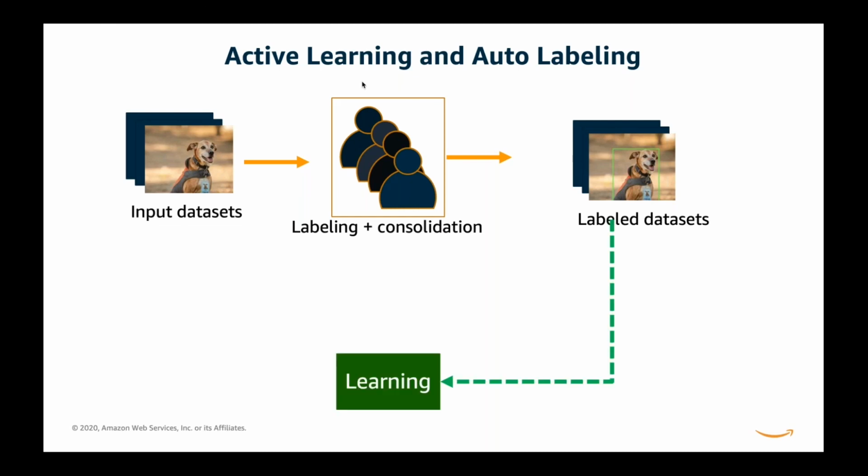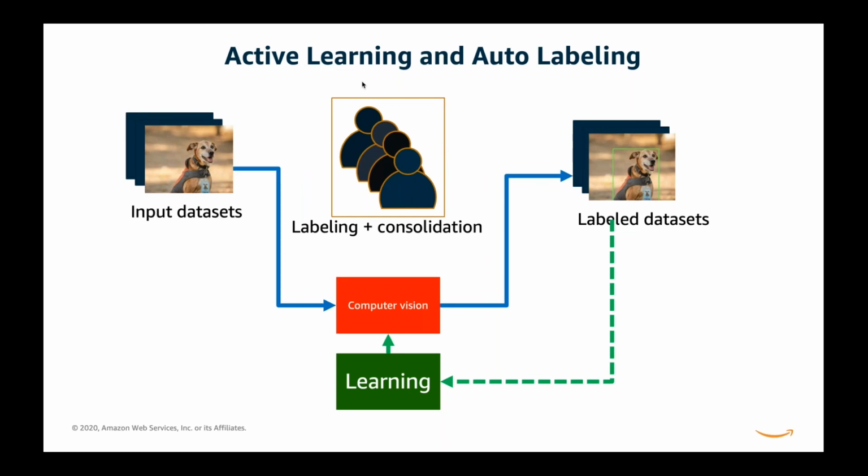You can also set up active learning. With active learning, in the background, it's constantly creating a model based on this data. So after 1,000 or more pieces of input, it'll go ahead and create a computer vision model over here. And then it'll start sending this data set to this model to get labeled. In the beginning, you're going to see this is low accuracy.